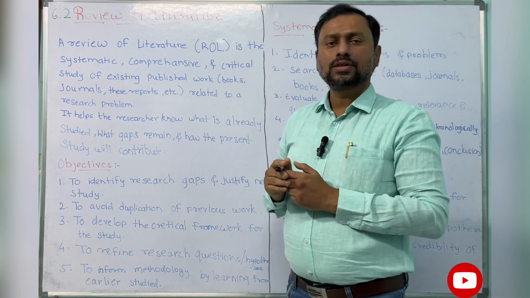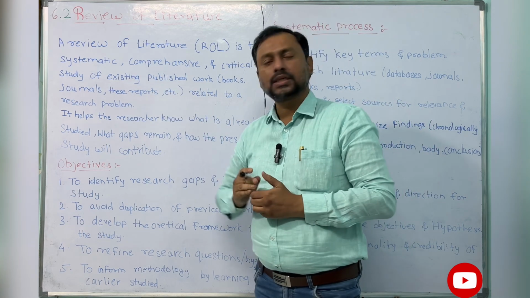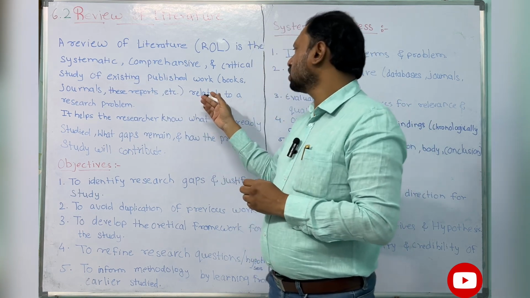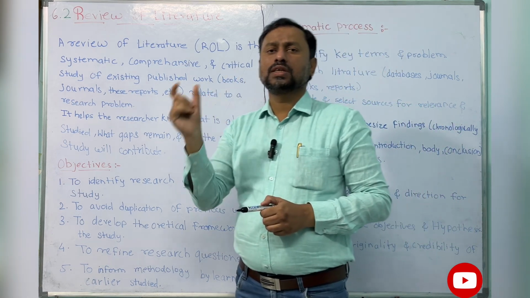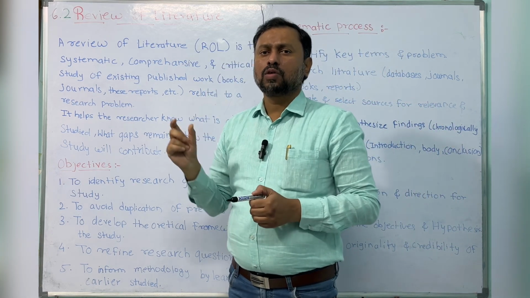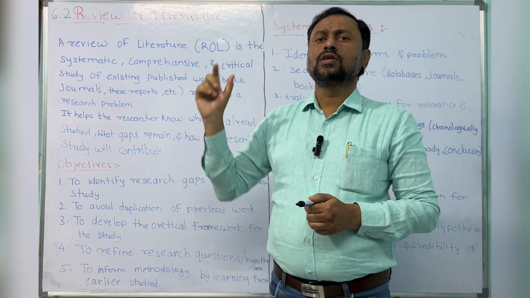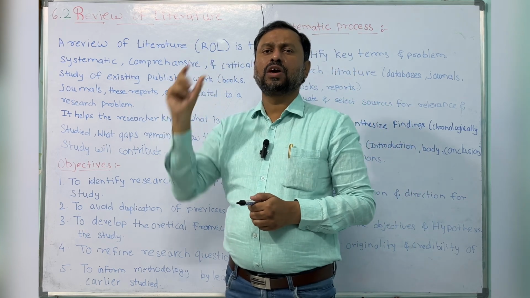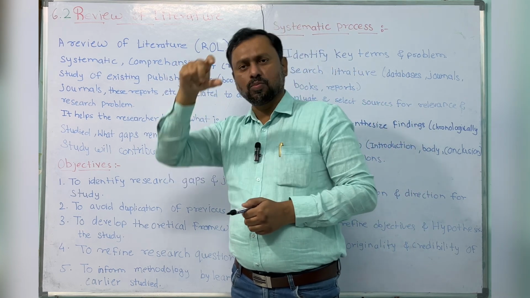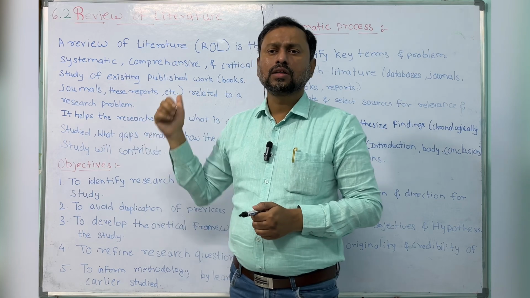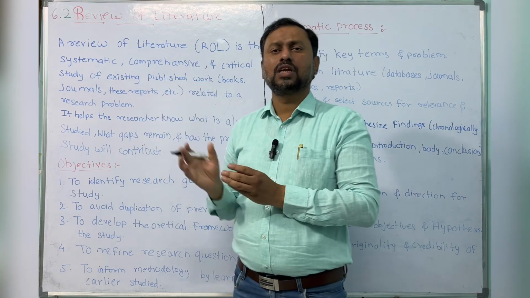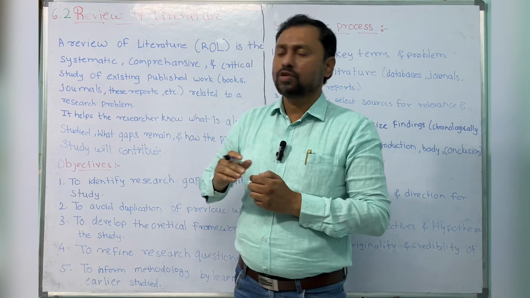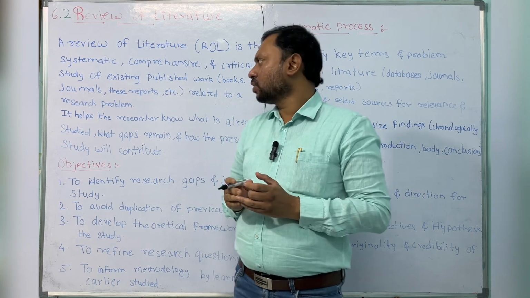Those are books, journals, theses or reports related to your research problem. Suppose you have selected rheumatoid arthritis. You have to study rheumatoid arthritis in the journals, in the theses or the previously published books. This is the review of literature.